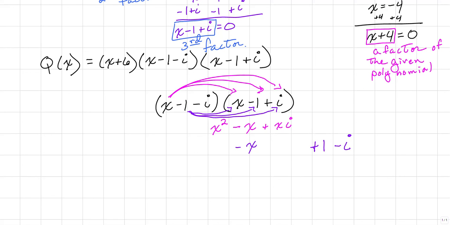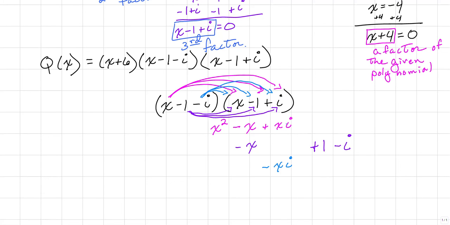Now, we're going to do this again with the third term in that first trinomial. We're going to multiply negative i times x, negative i times negative 1, and negative i times i. So negative i times x is negative xi.